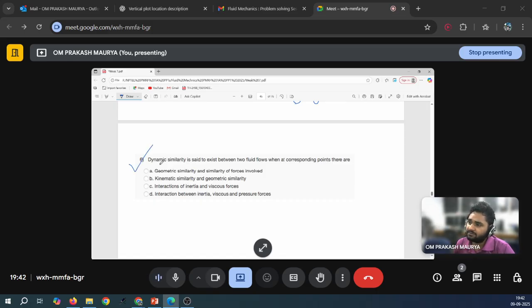Question number 6. The dynamic similarity is said to exist between two fluid flows when at corresponding points there are: geometric similarity and similarity of force involved, kinematic similarity and geometric similarity, interaction of inertia and viscous force, or interaction between inertia, viscous and pressure force.